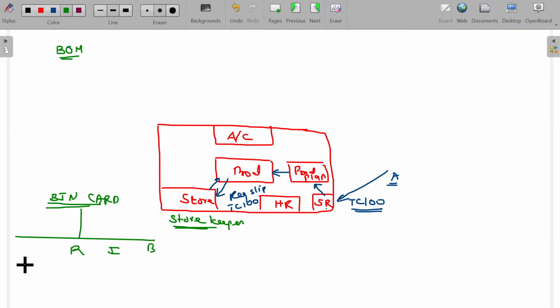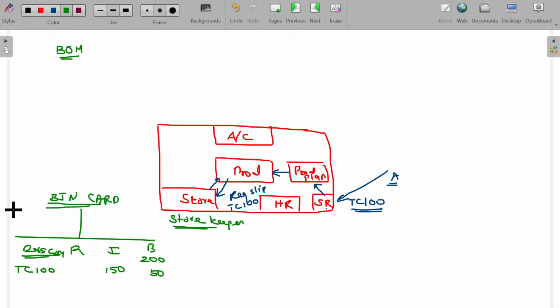First, they already have 200 units. There is an issue related to TC100. They quote the job for which it is issued. Description. Here, 150 units issued. Then the quantity available in godown decreases to 50.